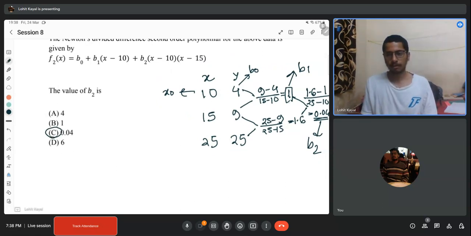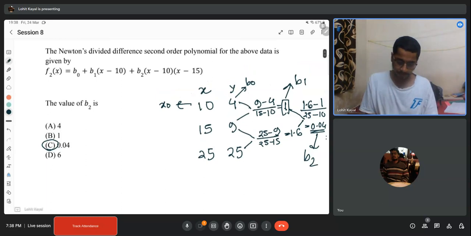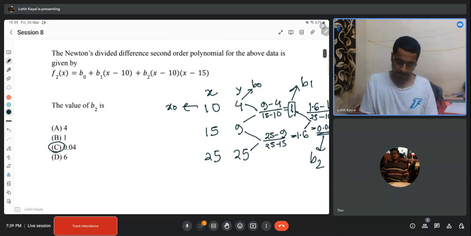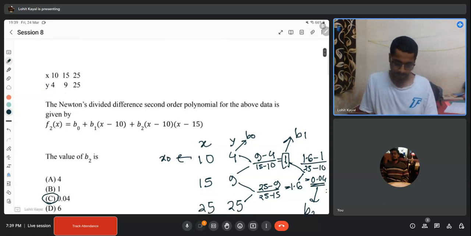Why will this value be b1? Just remember the matrix. If you put x equal to x1, this term will be 0. This is already known, right? So it will be f2 of x1. This 9 is f2 of x1, minus 4, which is f2 of x0, divided by x1 minus x0. Here x1 is 15, x0 is 10.